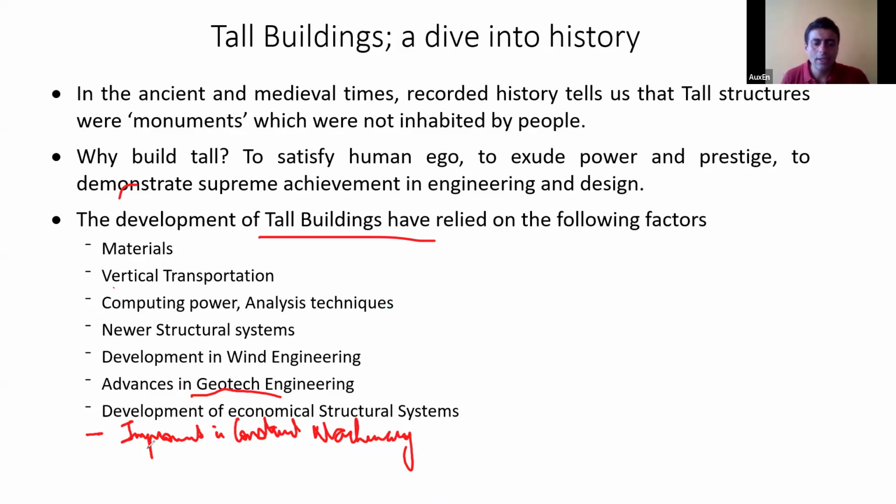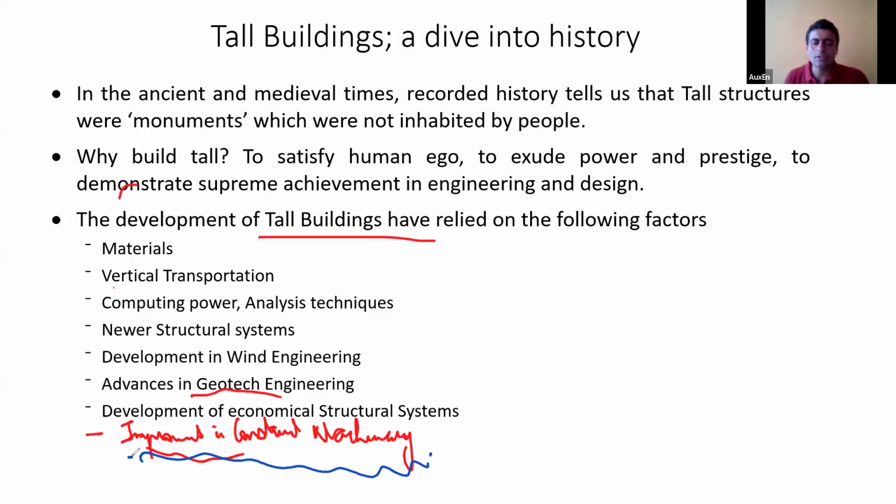So improvements and advances in construction machinery, the slip form techniques that you have now, the aluminum formwork systems that you have now, the pumping techniques that you have, you are able to pump concrete 800 meters into the sky. So all these techniques and advances are important for allowing us to go taller and taller.